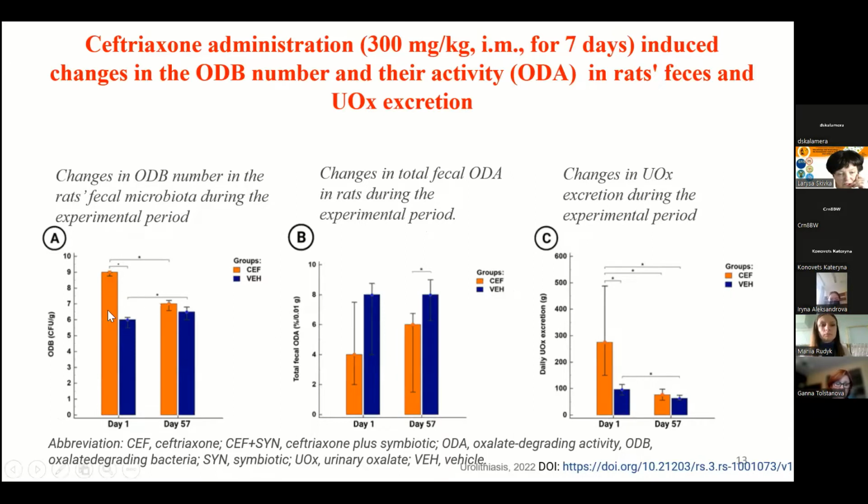okay, so the orange is the ceftriaxone, and blue is the vehicle. We observed that 1 day after the ceftriaxone treatment, there was even upregulation of the level of ODB. Despite this, the activity of these bacteria was significantly decreased, and it didn't reach the normal level even 57 days after the antibiotic withdrawal.